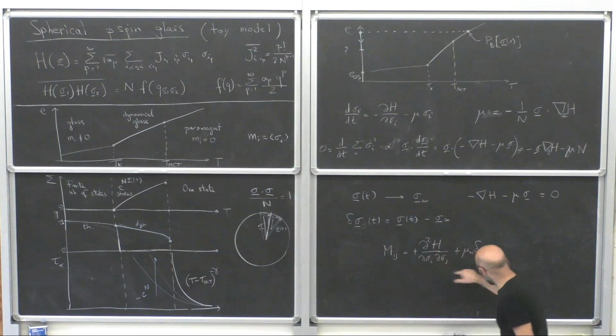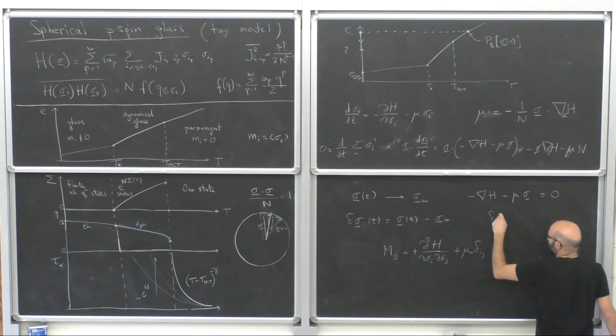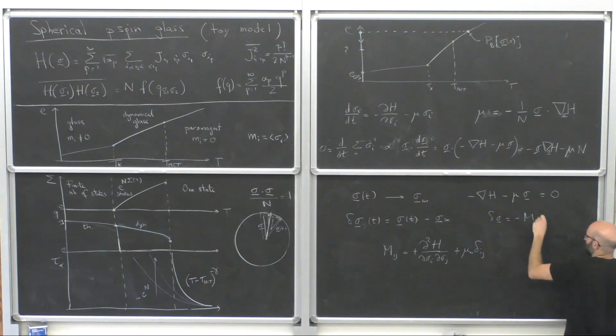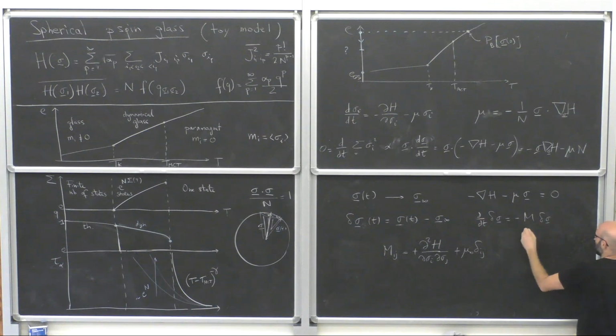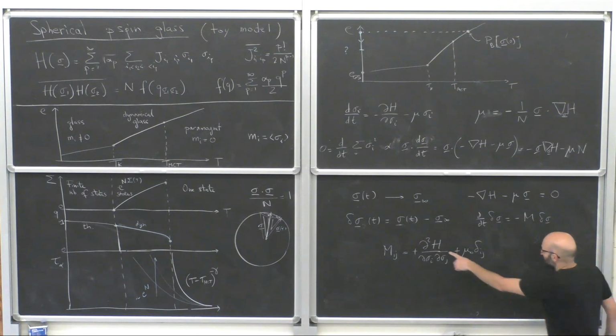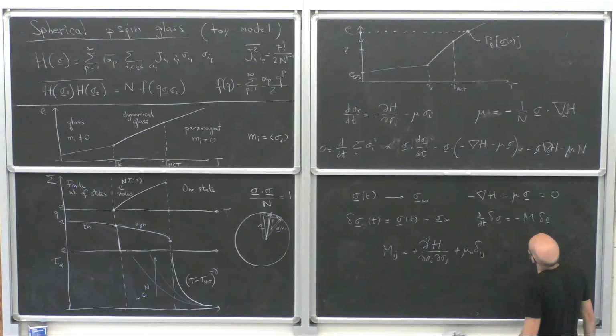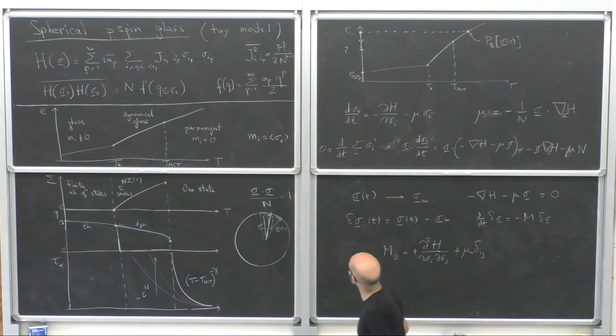So the eigenvalues of M control the equation for delta sigma, which is delta sigma dot equal to minus M delta sigma, so the eigenvalues of this matrix will control the exponential decay of delta sigma. So I have this matrix. Maybe let's not write this down, just to save some time.